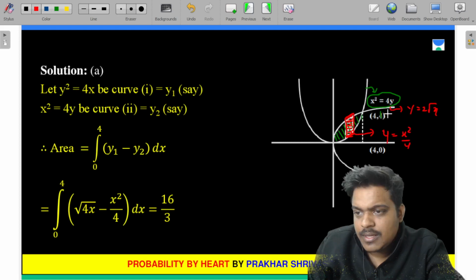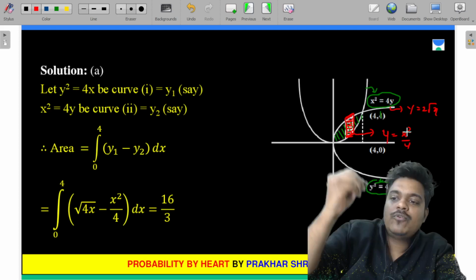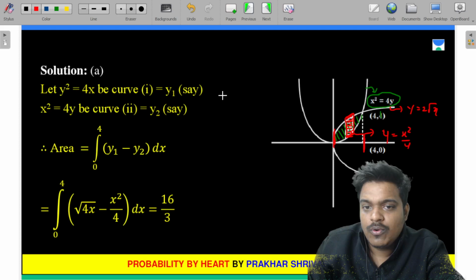So y is varying from the lower limit x square by 4 to 2 root x, and similarly x is varying from this point to this point, that is 0 to 4. So the double integration goes like this: the x limit is varying from 0 to 4, the y limit is varying from x square by 4 to 2 root x, dy dx.